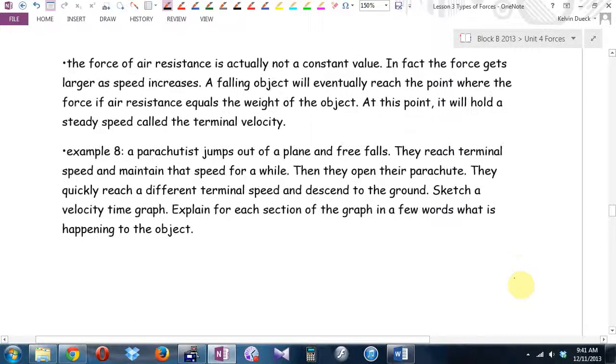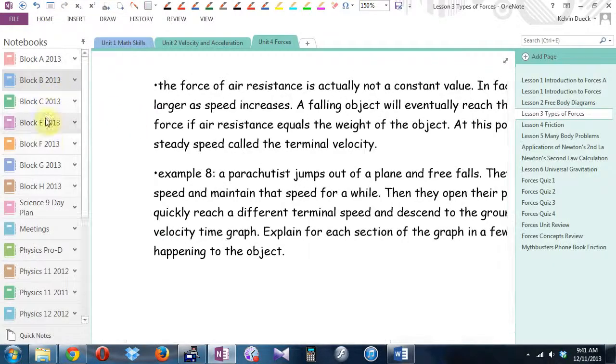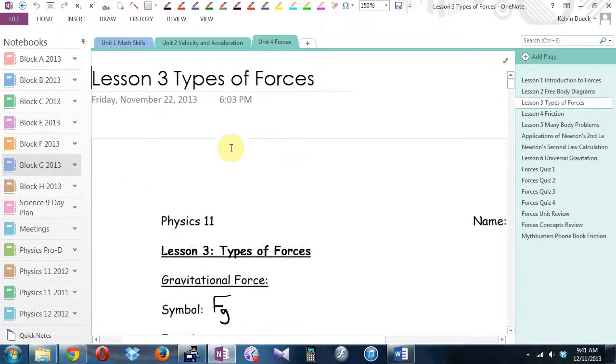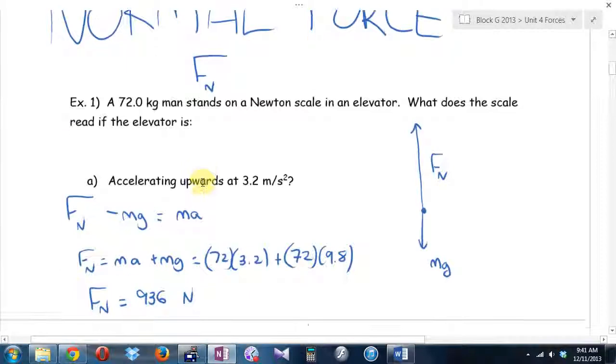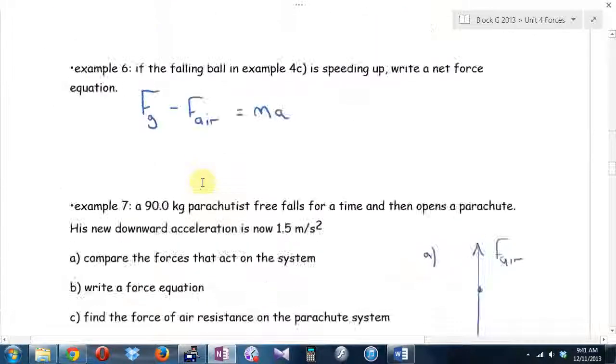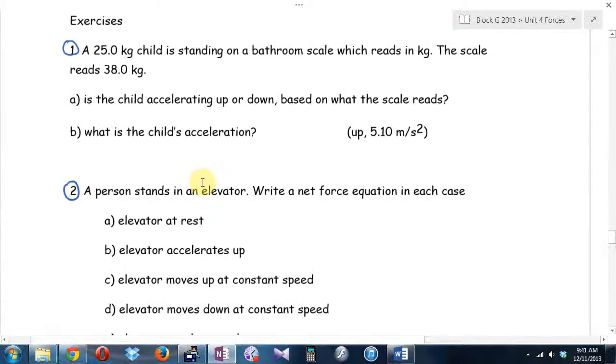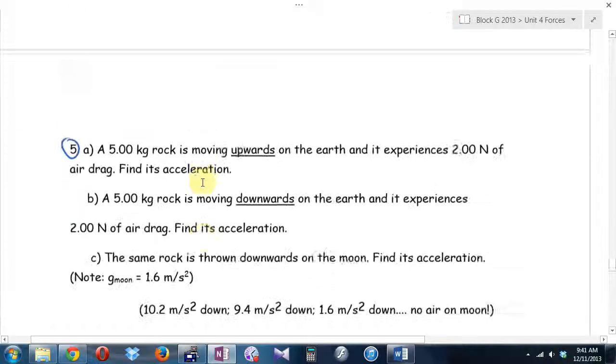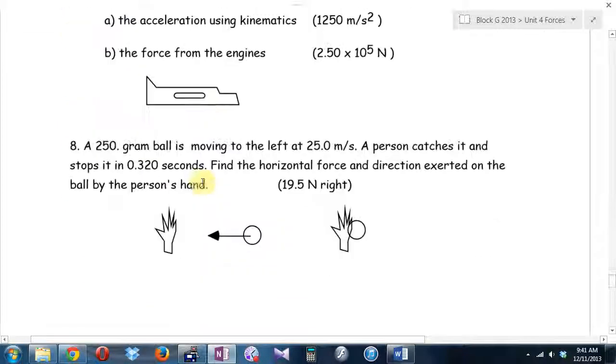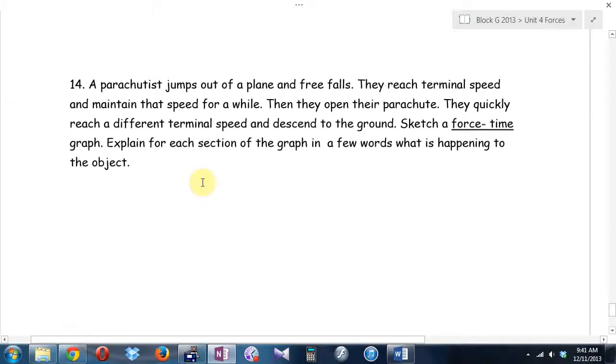Number 8 is kind of cool, but I'm going to pass because I've been talking like all class. I want to give you the homework, and you'll also get time to work on this next week. So what did I assign with my block G class? Good question. The homework is going to be: skip 8 and skip 14.